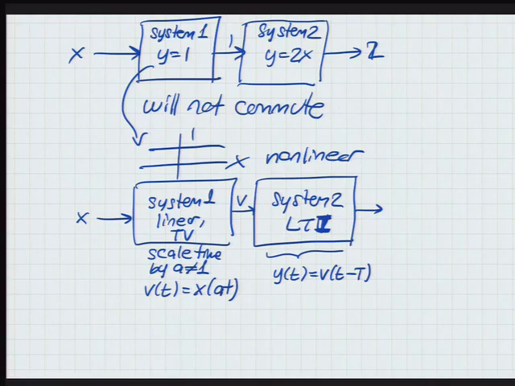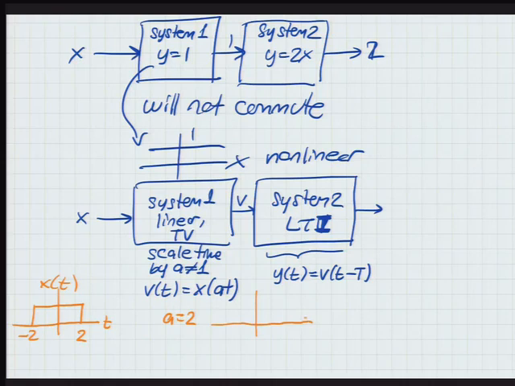So let's say I apply an input like a pulse that starts at time -2, ends at time 2. So that's my x of t. Okay? What is the output? Let's say a equals 2, for lack of a better number. So I'm scaling the time by 2. That means I'm compressing by a factor of 2.